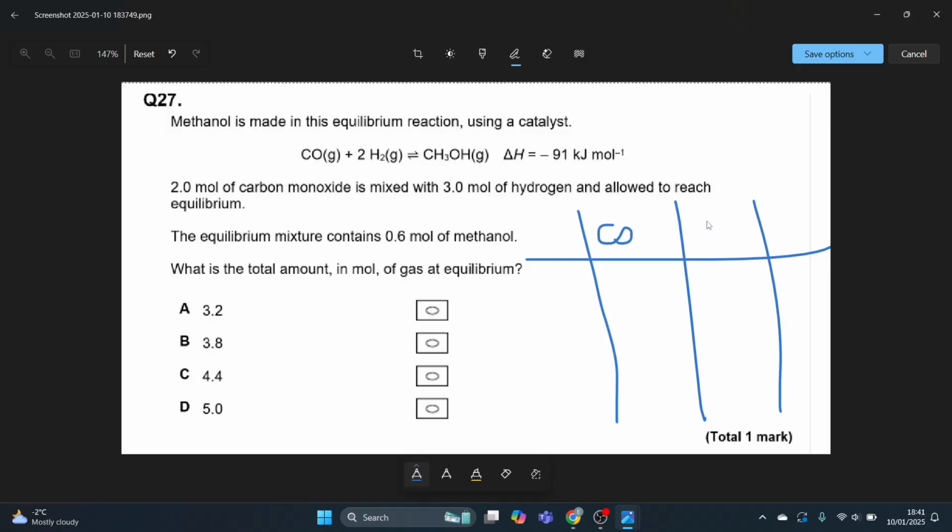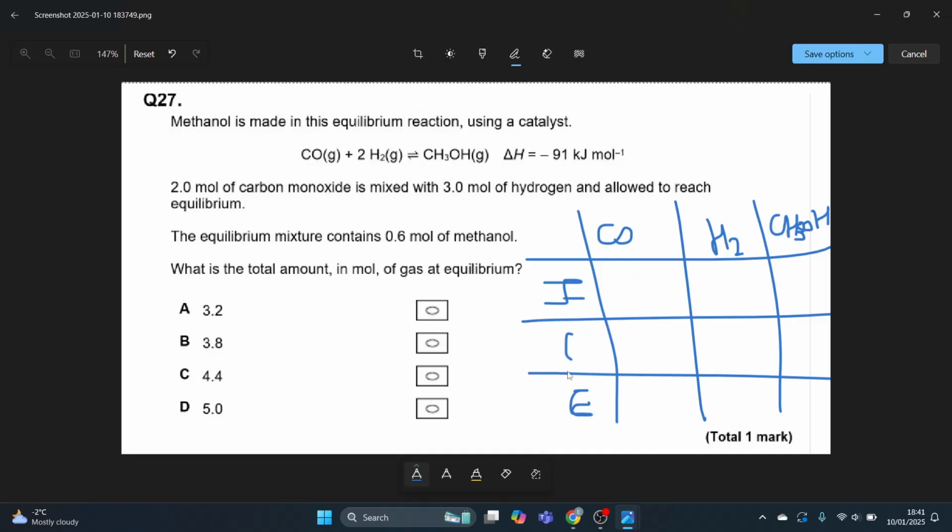Instead, it just wants us to find out the total amount of equilibrium moles, which should be fine as long as there's no algebra in it, which doesn't look like there is. 2 moles of carbon dioxide, 3 moles of hydrogen, equilibrium mixture containing this much methanol, 0.6, plus 0.6, minus 0.6, 1.4. 2 to 1 mole ratio, so it's going to be minus 1.2, so it's going to be 1.8, and therefore we just add that up, and that's going to be 3.8.